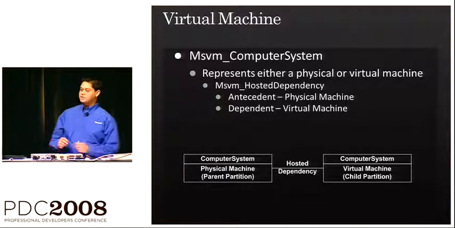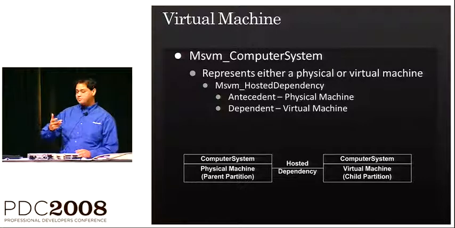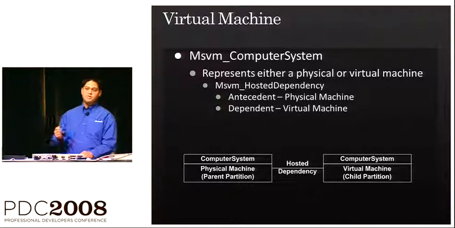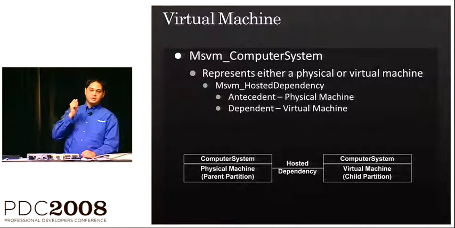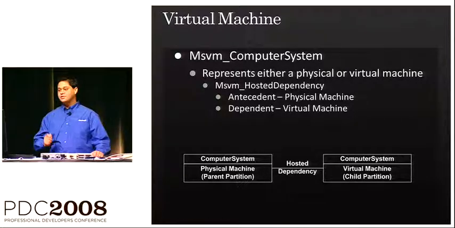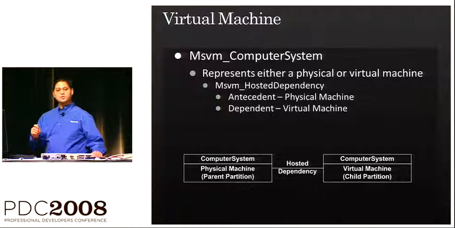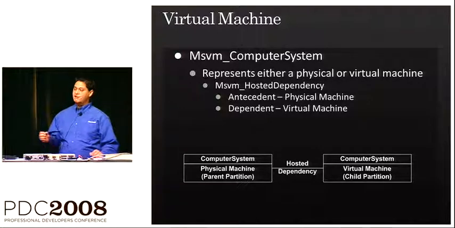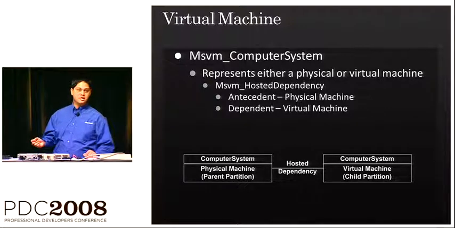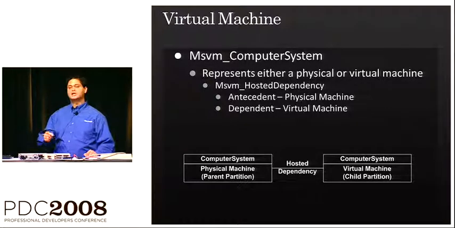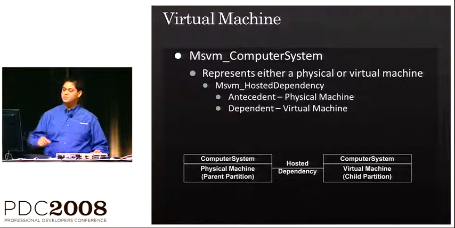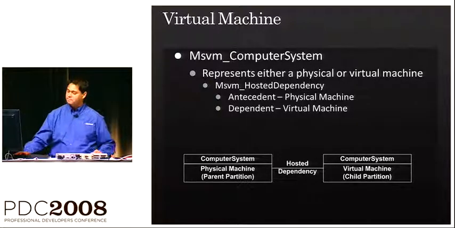The hosted dependency association has two properties, the first of which is called antecedent, and that will always have a reference to the physical system, and the dependent will always be a reference to a virtual machine. So you'll essentially have as many instances of the hosted dependency association class as you have virtual machines on the system. And you can see the relationship on that diagram at the bottom.